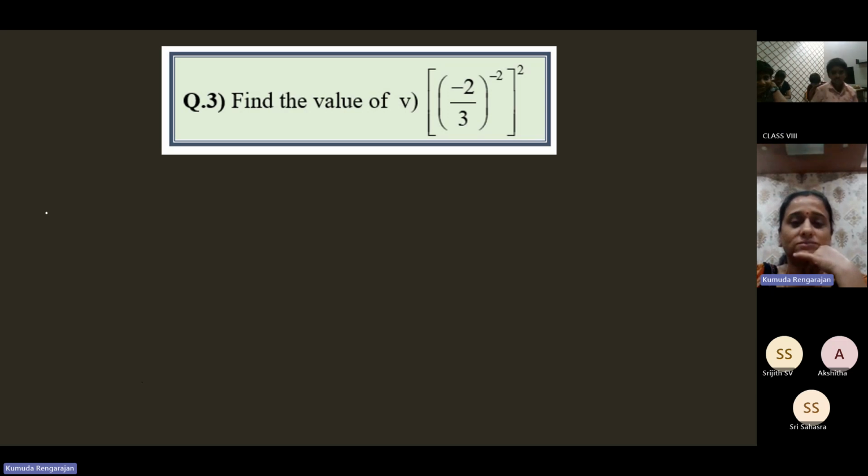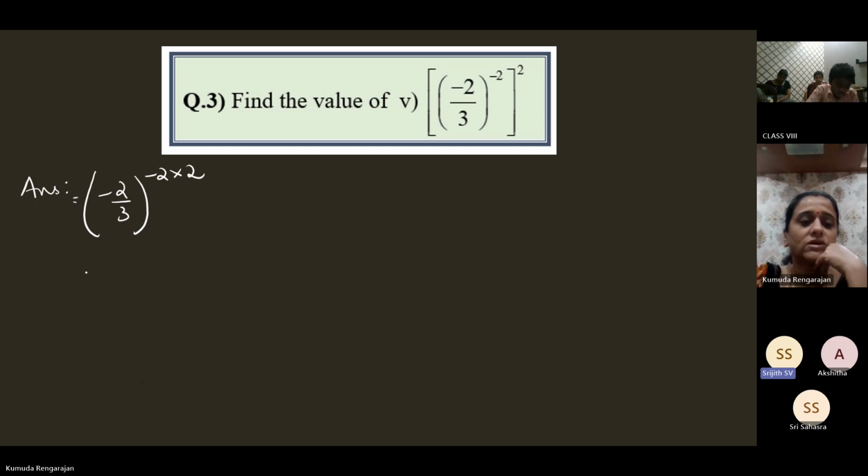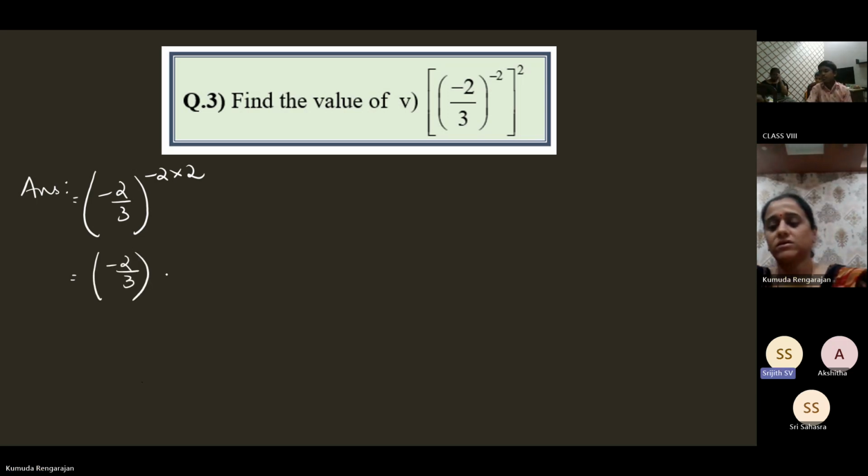Srijit, answer this. What will you do with the powers -2 and 2, Srijit? Into 2, ma'am. So the first step is -2/3 to the power 3 -2 into 2. Others, disable your mic. Next step, -2/3 to the power -4, ma'am.